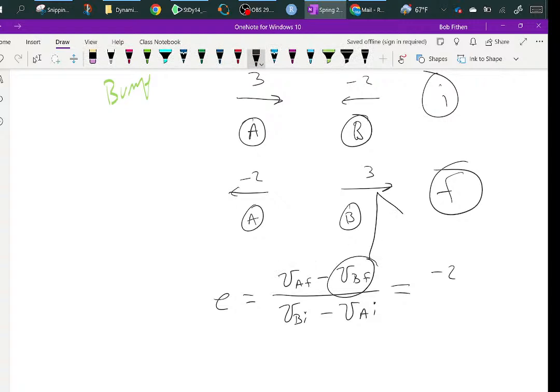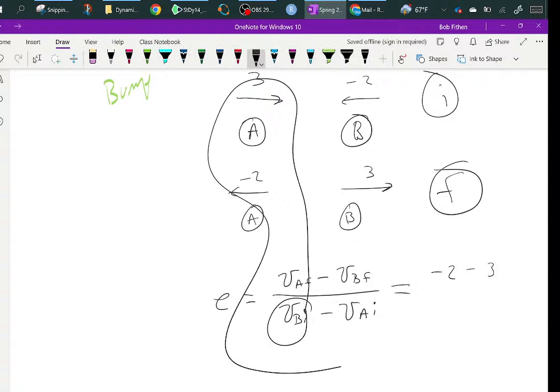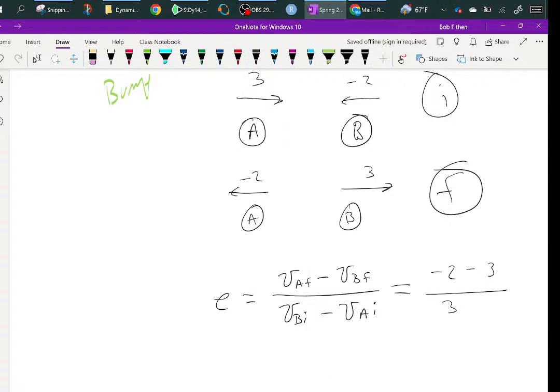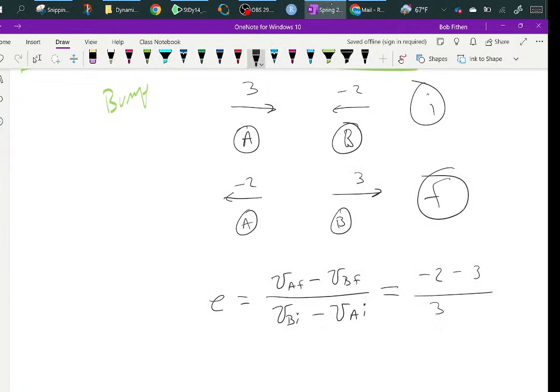VB final is a 3. VA initial is 3. And VA final, do I have that right? And VA initial, oops, wait a minute.